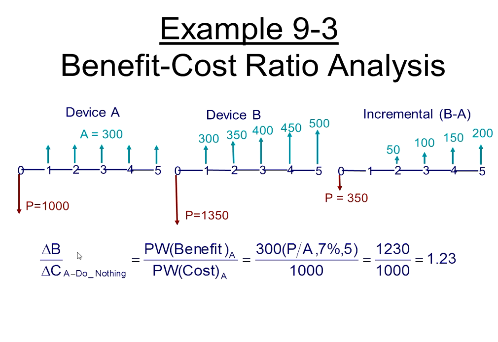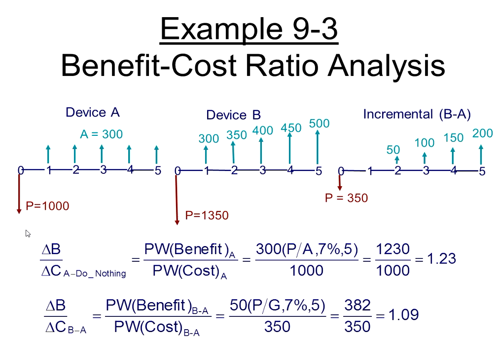So then we also want to compute this incremental benefit to cost ratio for B minus A. We do the same for that, and we have 50, which is our G. We want to find the present worth, so P/G. P/G is a discount factor, 7%, 5.